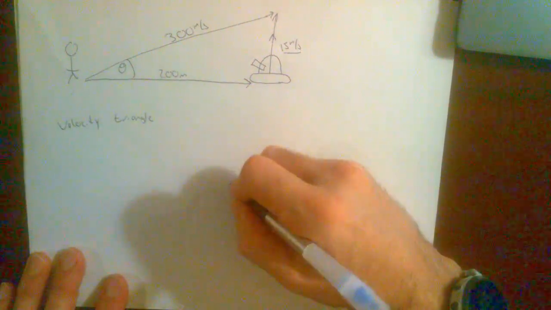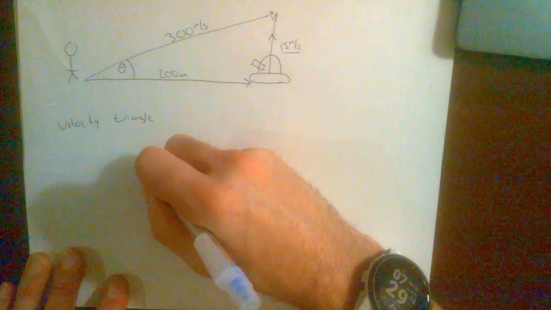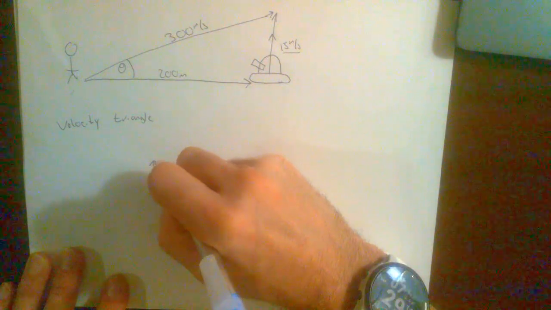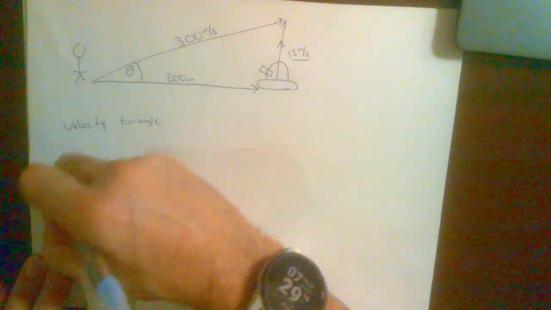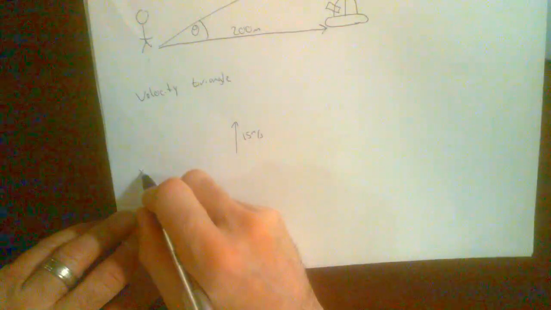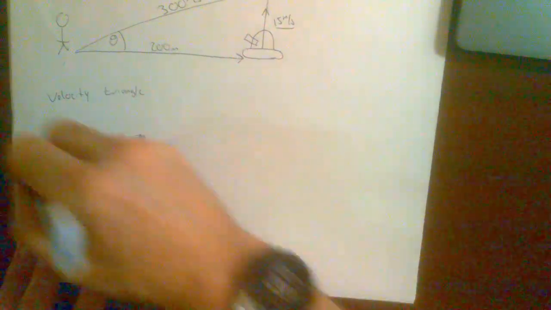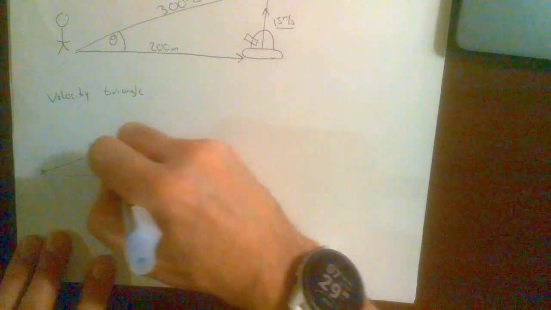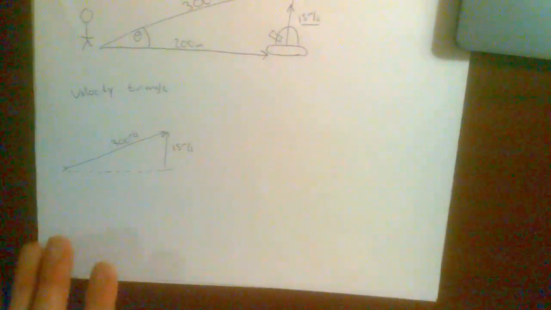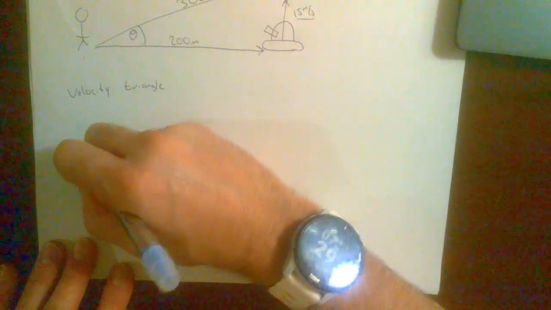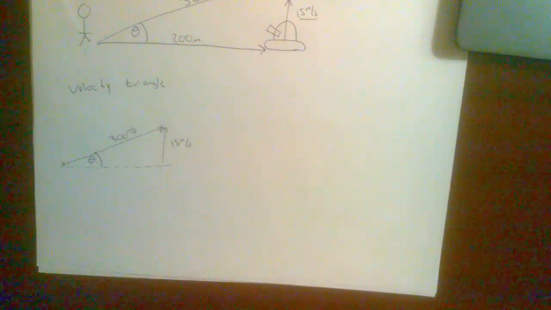So my velocity triangle has the tank moving at 15 meters per second, has Dr. J over there, and we know that we fire bullets at 300 meters per second. I'm going to put this dotted line as my baseline. We're looking for angle theta.